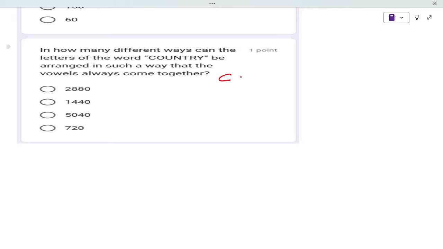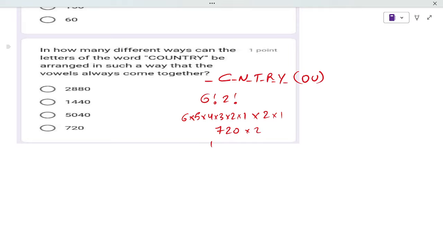That means C N T R Y and vowels always come together. Take the vowels on one side, so 1 2 3 4 5 6, that is 6 factorial, and vowels can be arranged in 2 factorial ways. 6 factorial means 6 into 5 into 4 into 3 into 2 into 1, into 2 factorial means 2 into 1. Multiplying, 6 factorial is 720, into 2, then here 1440.